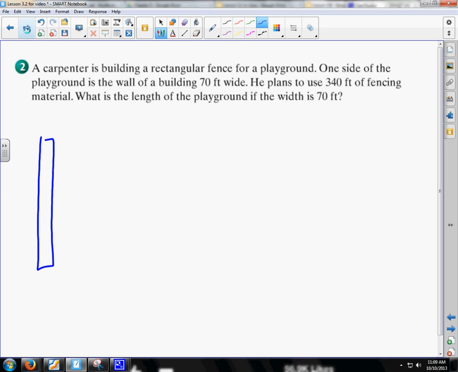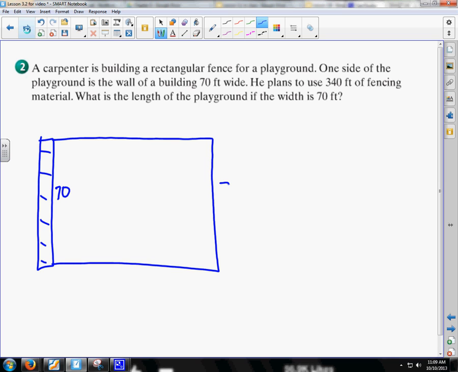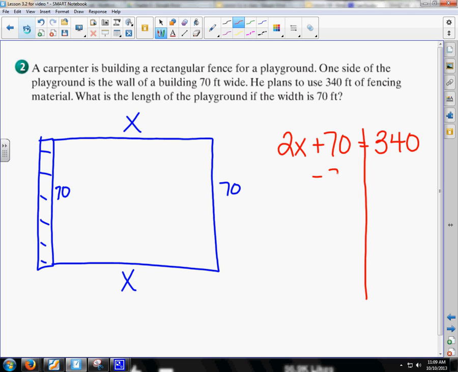Okay, so here is the building, and then here is my fence that's going to go around it. Now, I know that this is 70, so this side's going to be 70, and these are the 2 sides I don't know. So I have 2x plus 70 equals 340. I'm going to solve this equation.